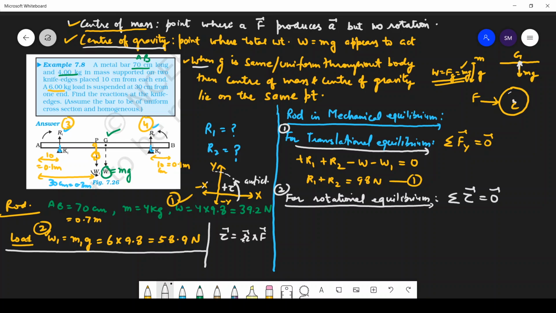So here, how many forces do we have? We have 4 forces. It is written over here: R1, R2, W and W1. So what is the torque produced by each force? What is the resultant torque due to each force?